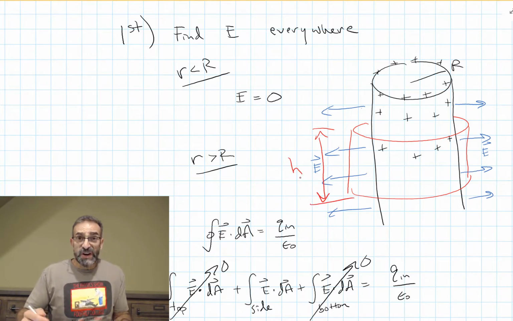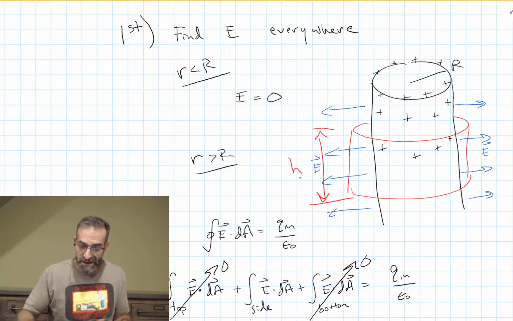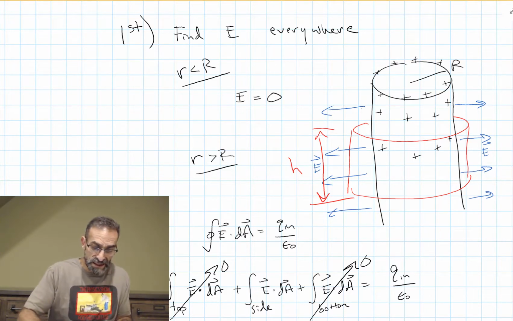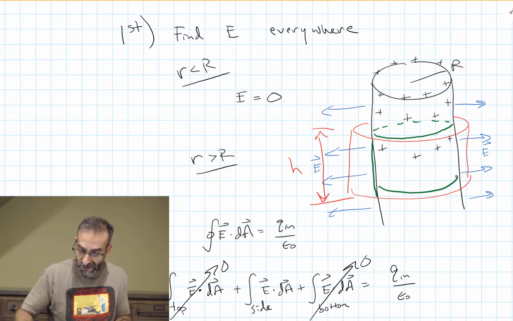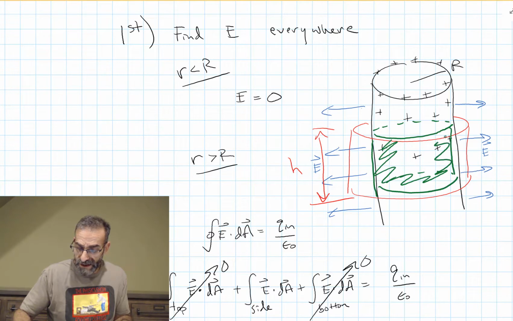How much charge is enclosed inside of my Gaussian cylinder? That's all the stuff in here, all that charge.